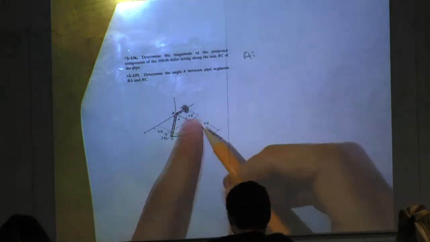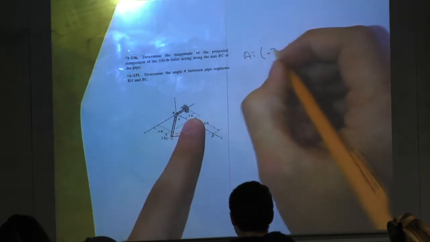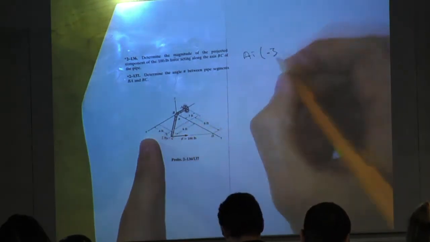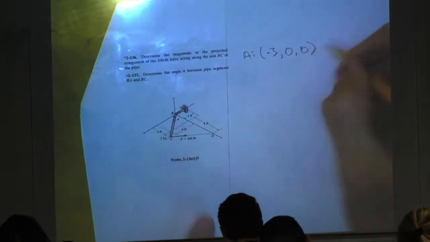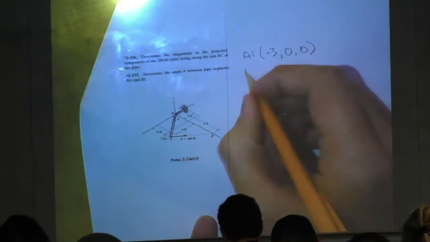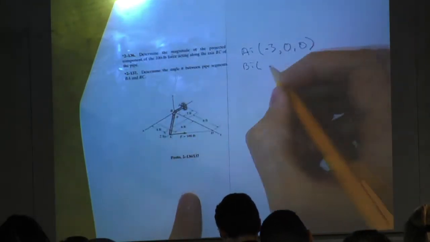First let me locate the points. Point C looks like -3, because we go 3 feet back on the x-axis, and then 0 in the y and 0 in the z as well. Point A is right at the origin, so 0, 0, 0.